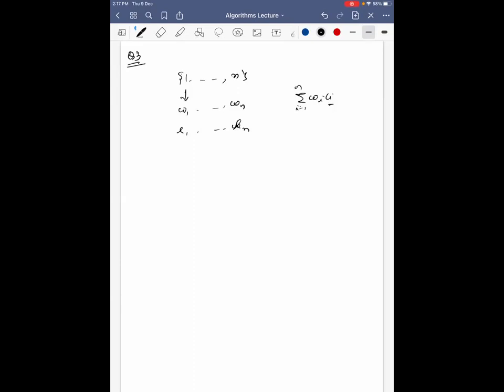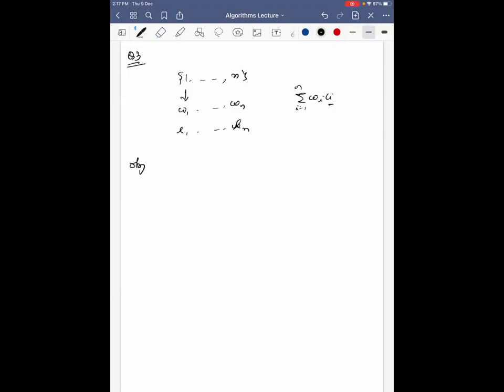In a given schedule, which is the ordering of the jobs, the completion time of the ith job is essentially the time elapsed before the completion of the ith job. In some sense, it is the sum of the lengths of the jobs up to and including i in that ordering within the schedule. Our objective is to come up with a schedule that minimizes the weighted sum of the completion times of all the jobs.